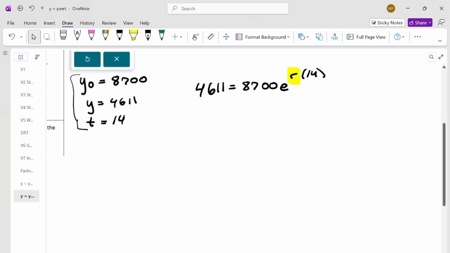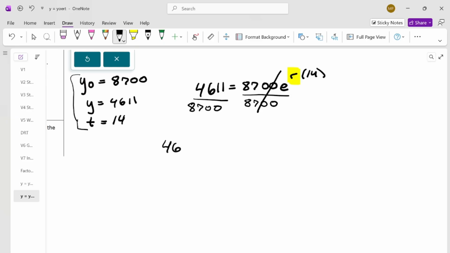And to do this, we are going to divide by 8,700 on both sides, because we want to get e by itself. All right, so this is going to cancel, and we are left with, on the left-hand side, 4,611 divided by 8,700.